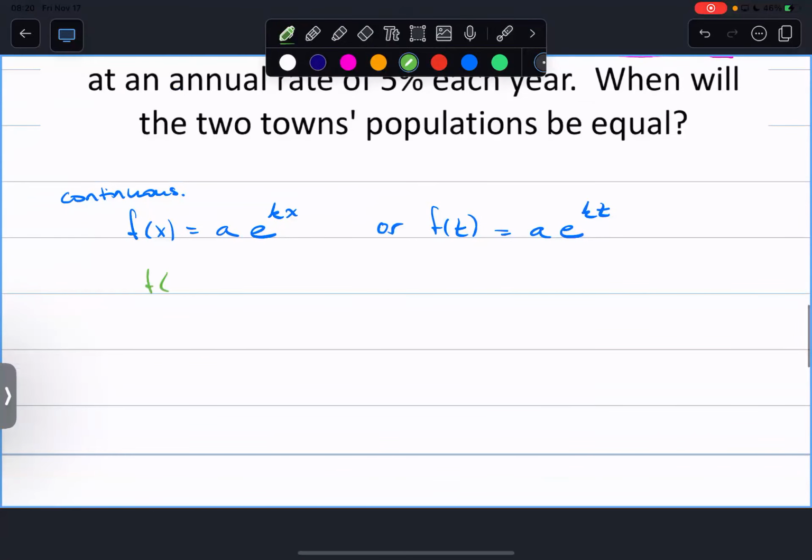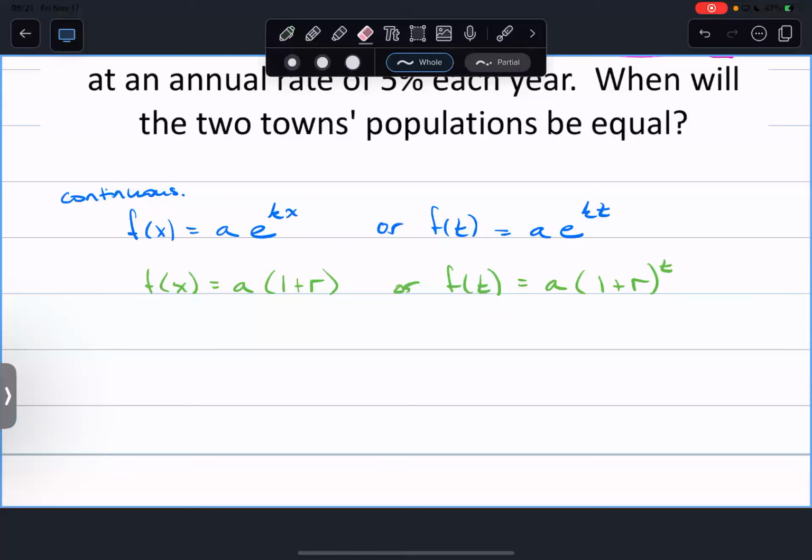So we have f of x is a times 1 plus r to the power of t, or in terms of t, because we have time as our variable here, same deal, a times 1 plus r to the power, oops, I see I did t already here. Bad, Emily, bad.